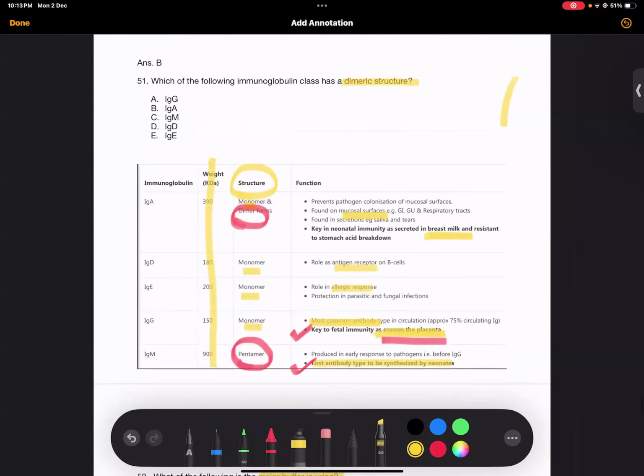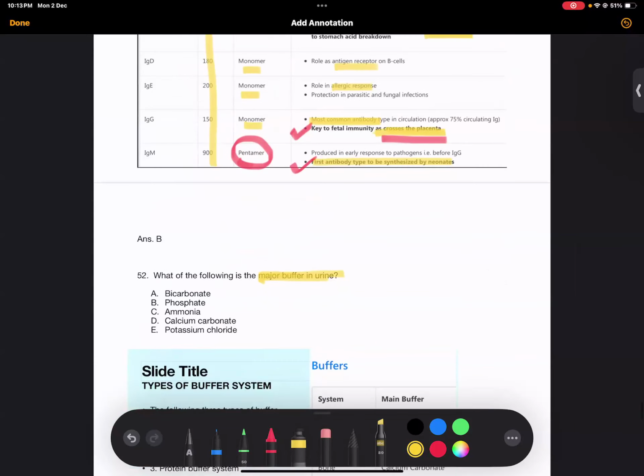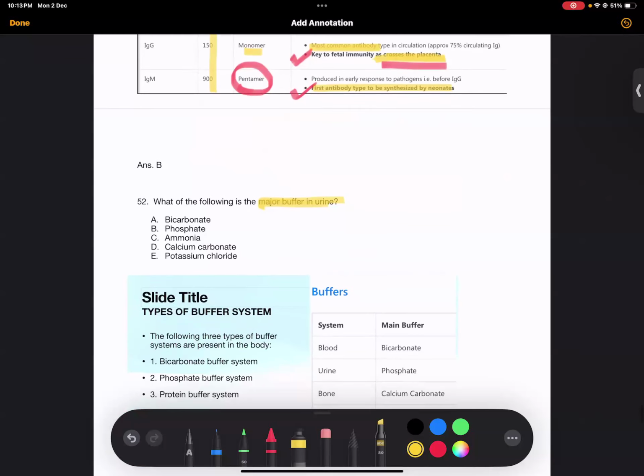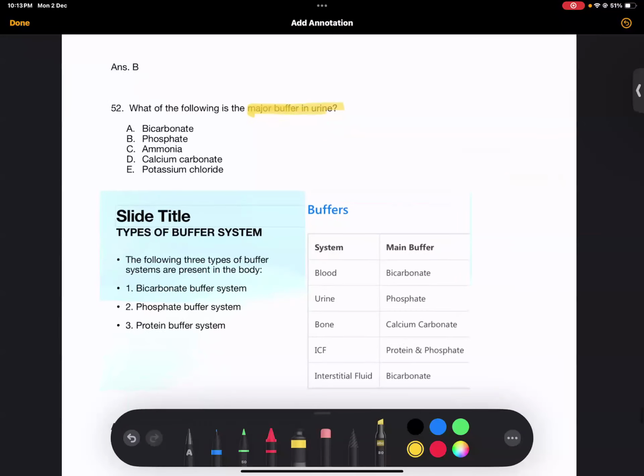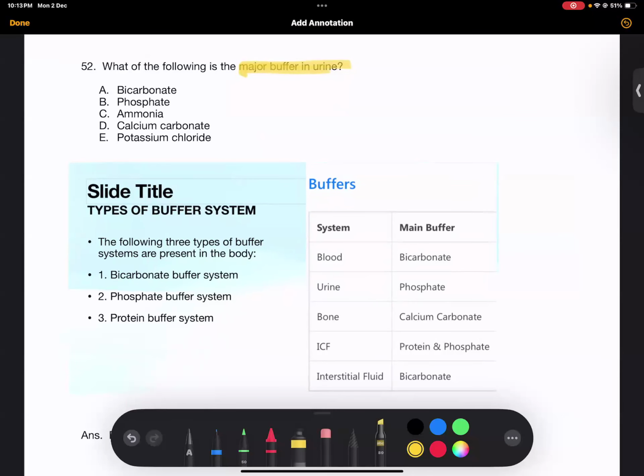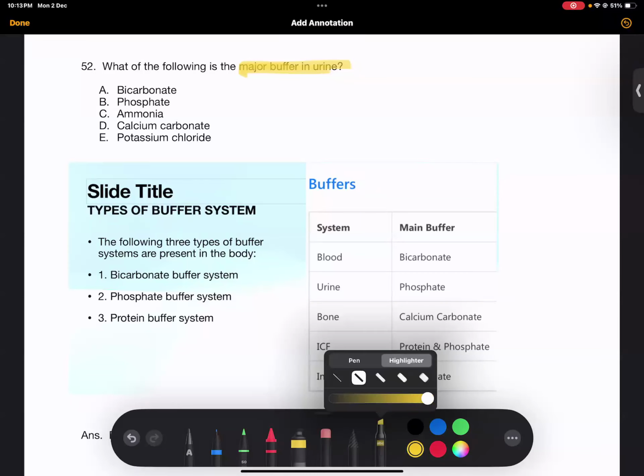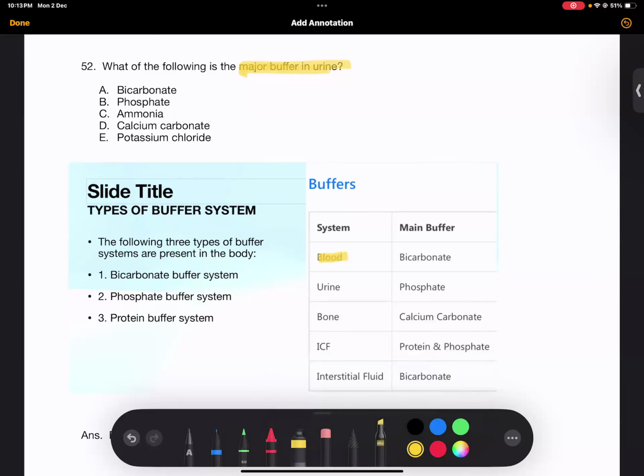Whenever they ask you the major buffer in blood, it would be bicarbonate.